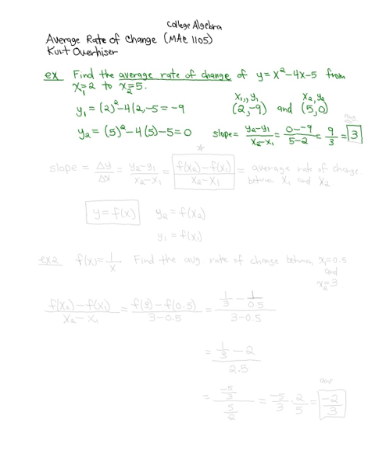That is the final answer. 3 is the average rate of change of the function from x equals 2 to x equals 5. So you take your x values, plug them into the function to get corresponding y values, and as a result you get 2 points that you find the slope between, and that's your average rate of change.